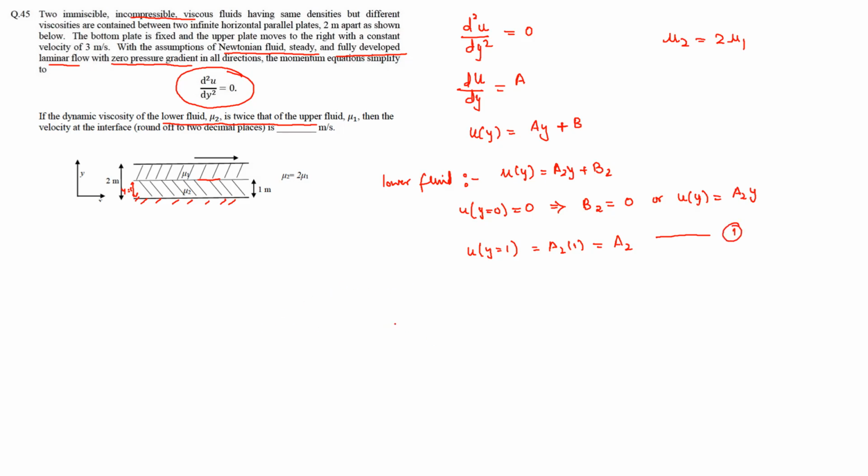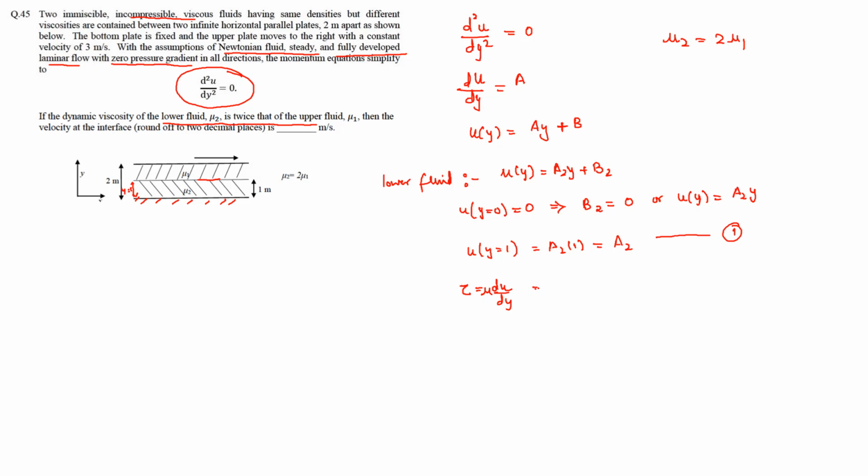We'll be using that. Also, let's look at the shear stress at the interface, so basically at y equal to 1. From Newton's law of viscosity, the shear stress is given by tau equal to mu times du/dy.